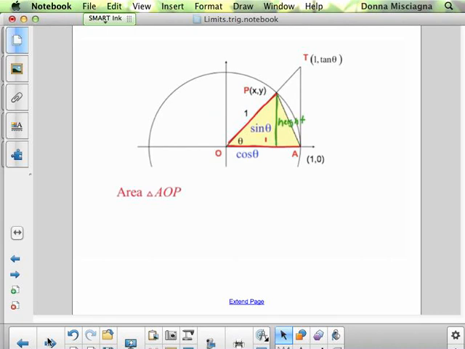All right, and some things we know about triangle AOP. Well, for instance, we know that this length here is 1. We know that. OA is 1. And we know that the height of this triangle would be sine theta.